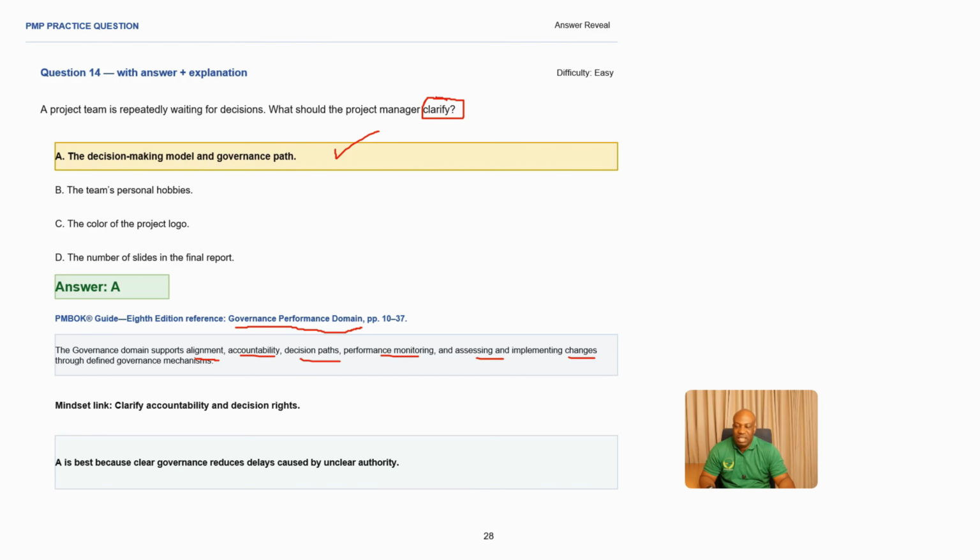The mindset here is to clarify accountability and decision rights. The problem is the team is waiting for decisions, so you need to clarify accountability and the decision path. Making A the best answer, because clear governance reduces delays caused by unclear authority. This is very important.